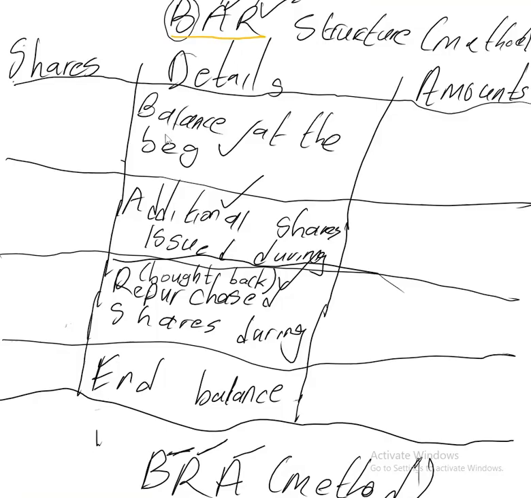So it will be determined by the dates. You will be given the dates. You will always need to check using the dates which happened first, before or between the additional and the repurchase. Obviously, the balance at the beginning will always be at the beginning. That one is just the beginning. It won't change. It will always be there, right?